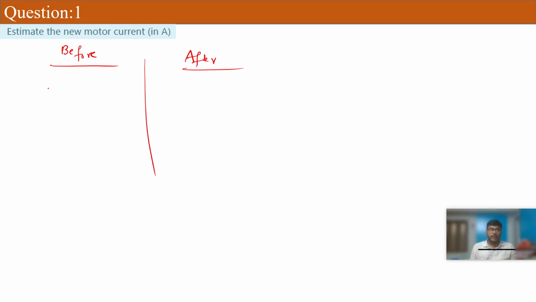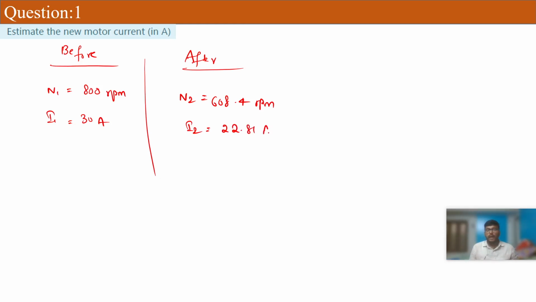Before, speed N1 is 800 RPM, and before, current, how much it is drawing? 30 amps. Now after, how much speed we got? 608.4 RPM. Now what is the new current? 22.81 amp. And all the rest of the parameters are the same.